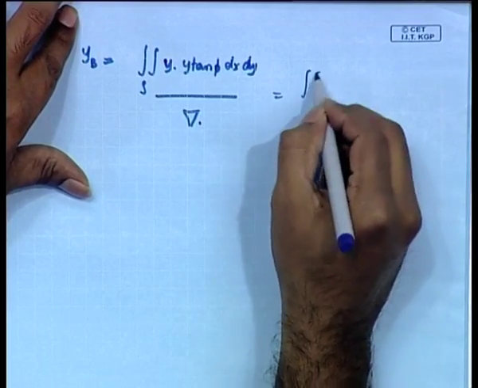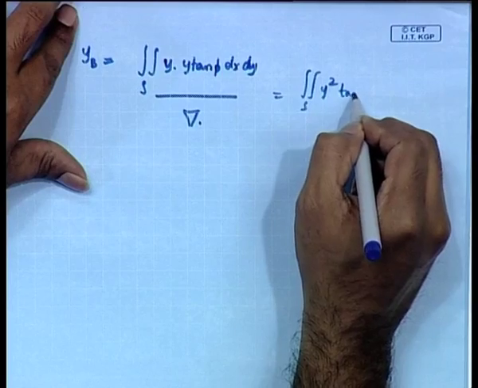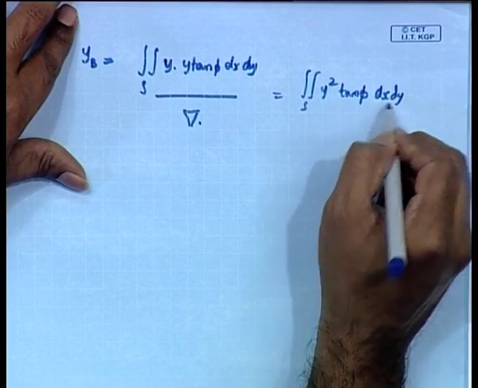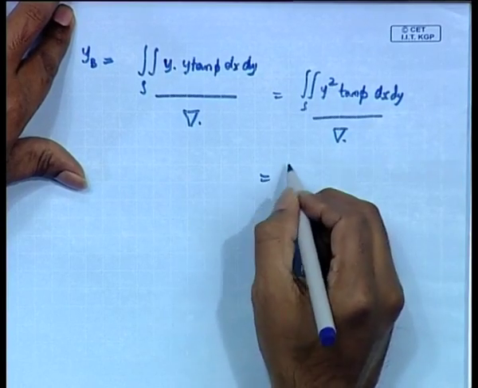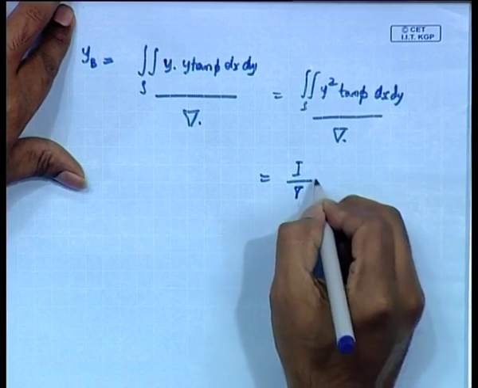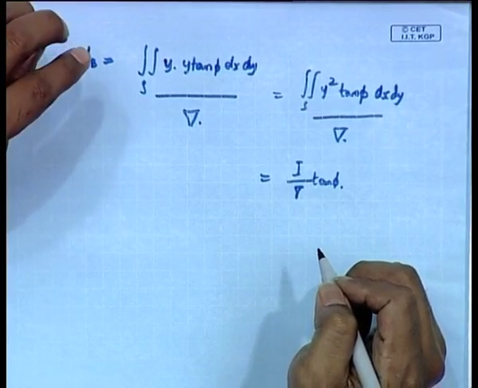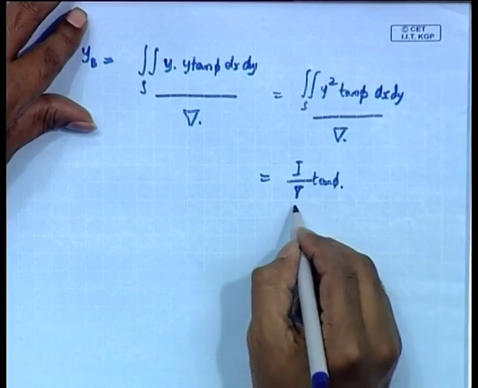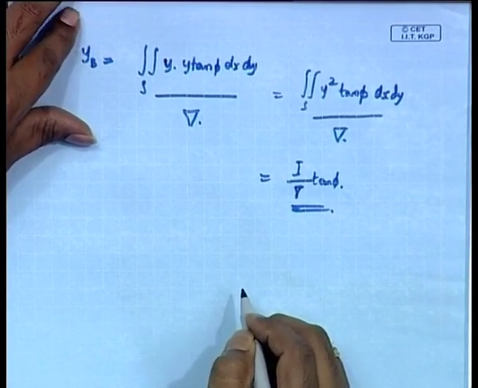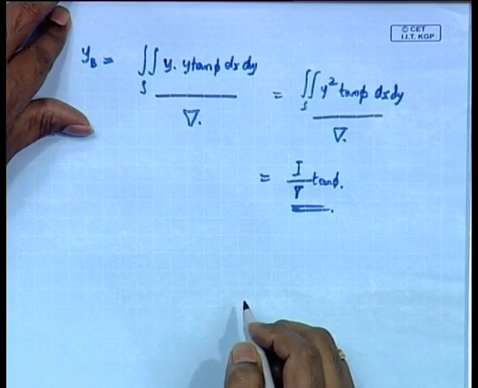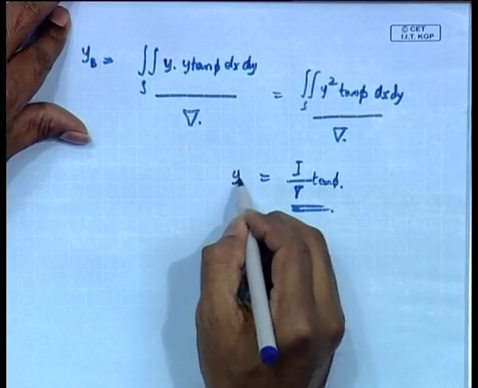So, this is equal to the double integral over s of y square tan phi dx dy by del, that is equal to I by del into tan phi, where the double integral of y square dx dy is the second moment of area about the longitudinal axis, I, the moment of inertia about the x axis. So, I by del tan phi gives you the shift in the centroid.